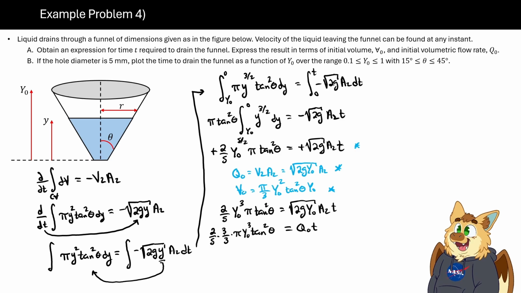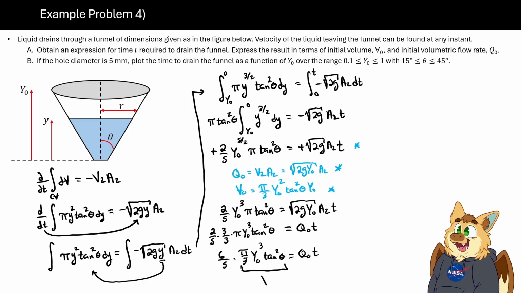And from there, this can be 6 over 5 times pi over 3, y naught cubed, tangent squared theta equals q naught times t.